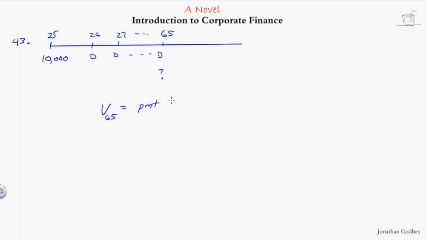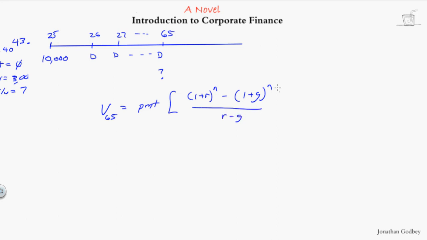The payment times 1 plus R to the n, minus 1 plus G to the n over R minus G.